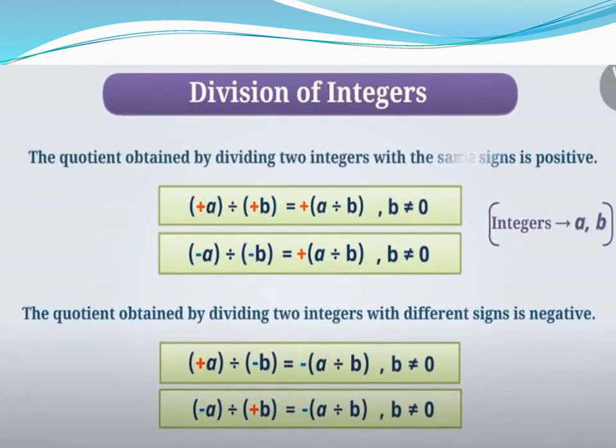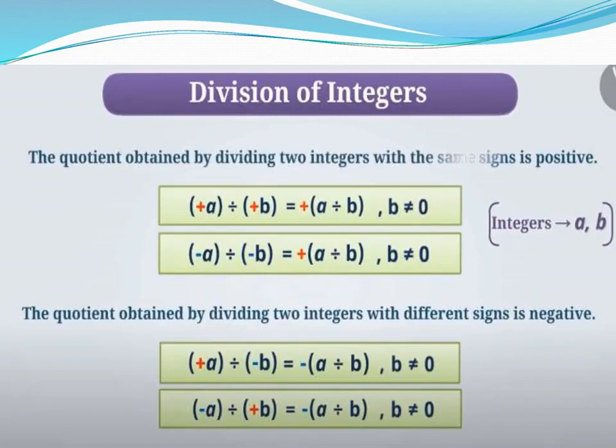Suppose a is positive and b is positive, then a divided by b gives a positive quotient, plus of a divided by b, where b is not equal to 0. Next we take minus a and minus b, then minus a divided by minus b, the resulting quotient is also positive, plus of a divided by b, where b is not equal to 0.